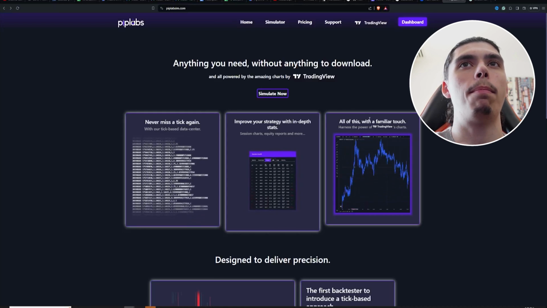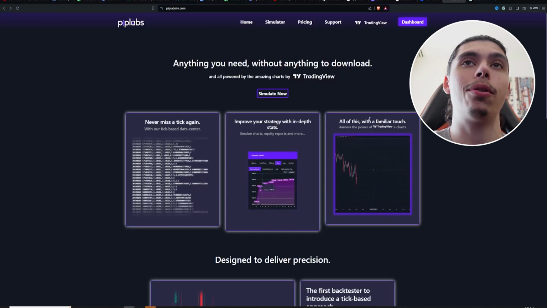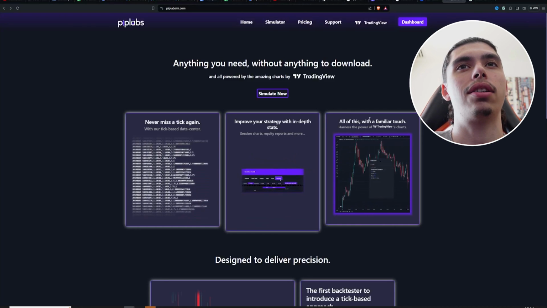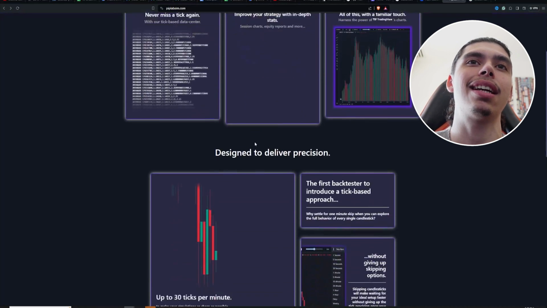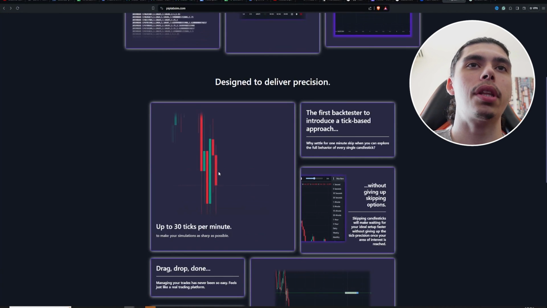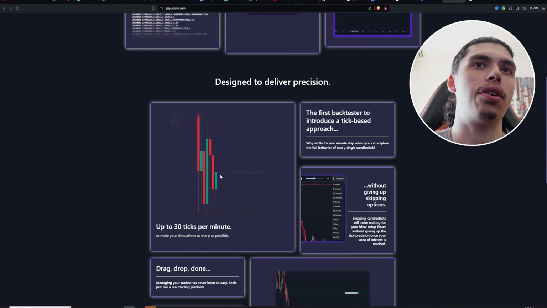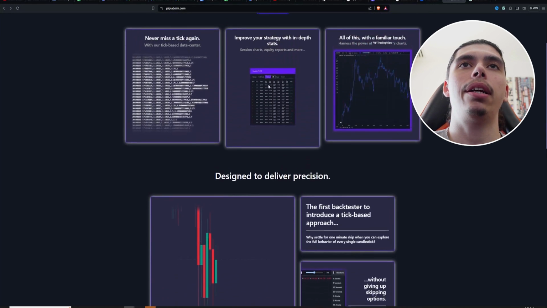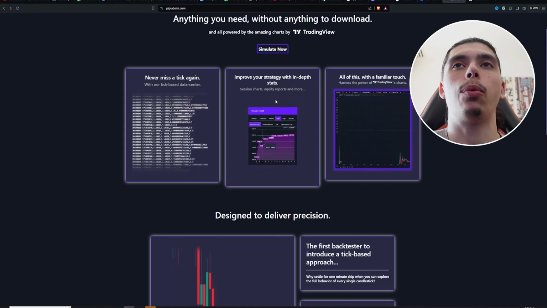I wanted something web-based, based on TradingView now. So we have a partnership with TradingView. We all love TradingView. We use it for our analysis, and it gives me tick data. Tick data means seeing how the candles would have moved in real time, which is super important. So that is basically why we made this, and I'm super happy that we're able to do it.